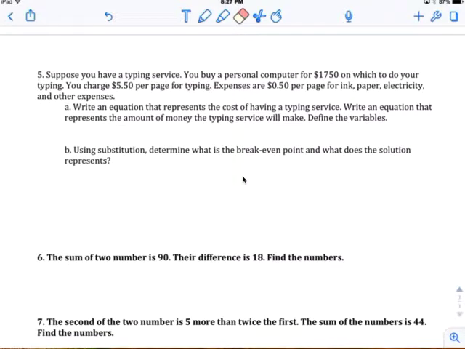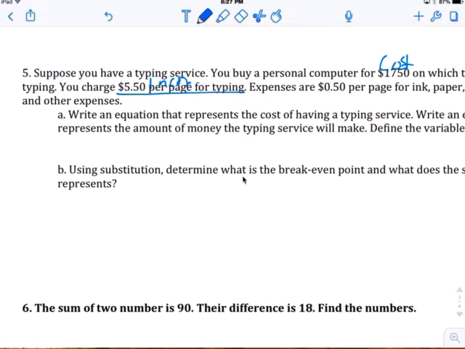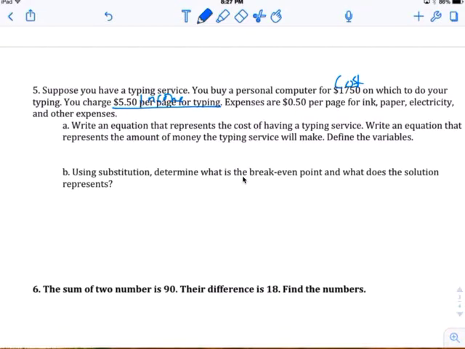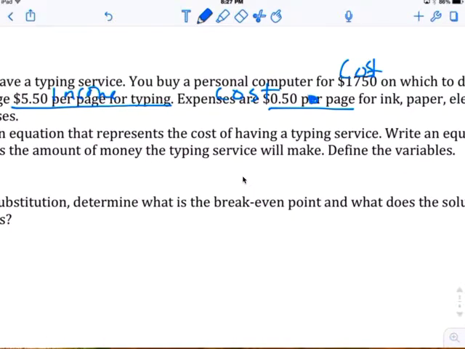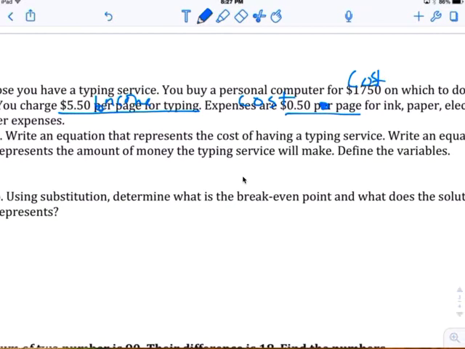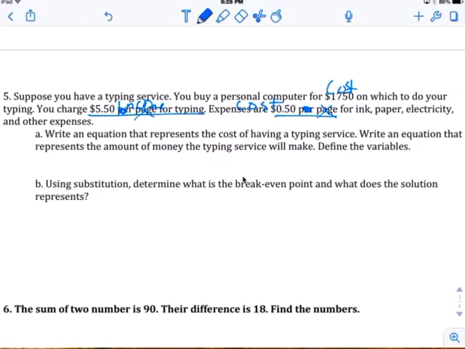Suppose you are a typing service. You buy a personal computer, that's a cost, on which to do your typing. You charge this much, so you charge this as an income. The expenses are a cost, 50 cents per page, times X, the number of pages, for ink, paper, electricity, and other expenses.